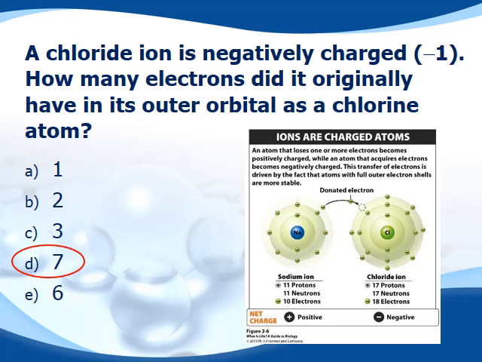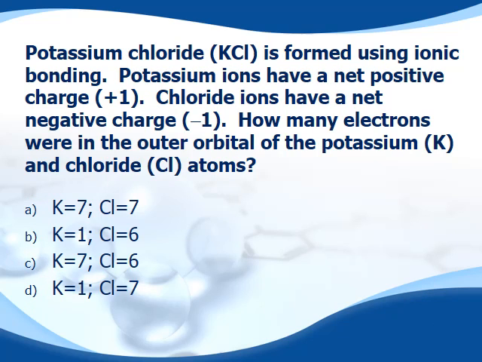A chloride ion is negatively charged, -1. How many electrons did it originally have in its outer orbital as a chlorine atom? A, 1, B, 2, C, 3, D, 7, or E, 6?